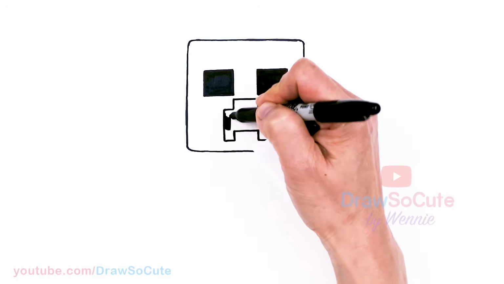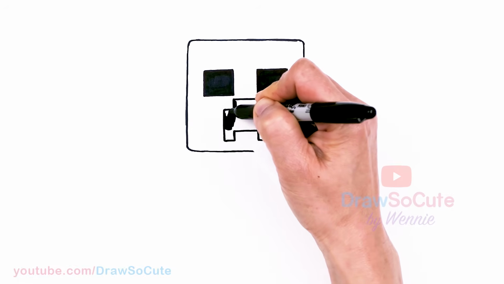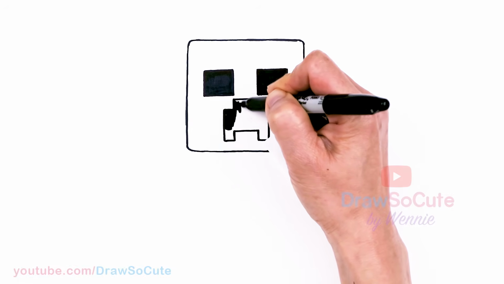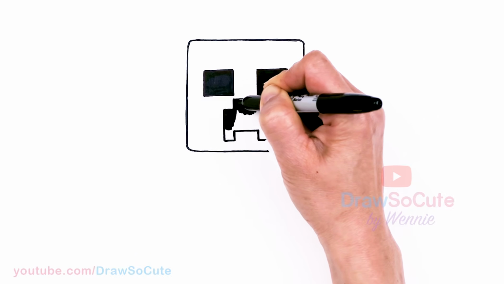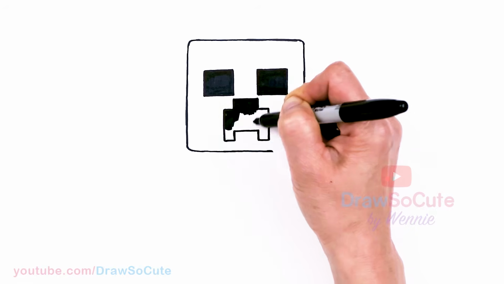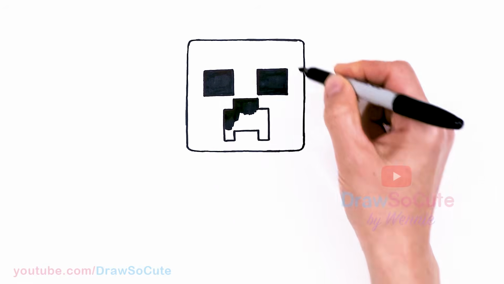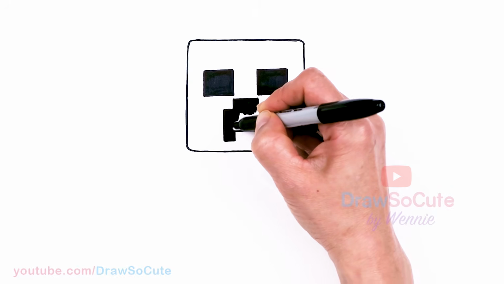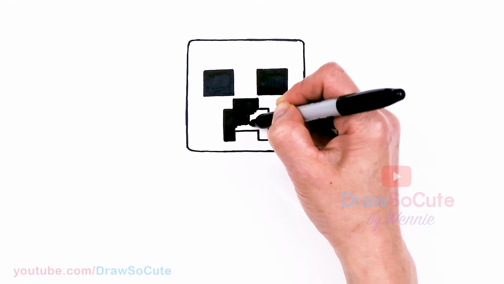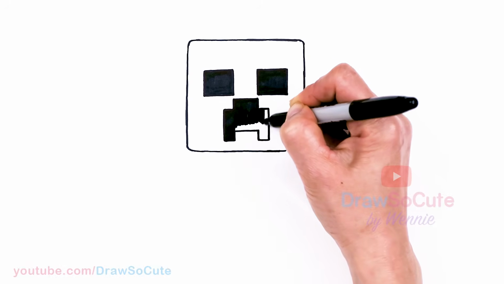And so let's shape this in as well. Or if you like, you can always draw the eyes first and this shape first too, and then put the square around it. That could also be an option. So just play around with it, see which way is easier for you.